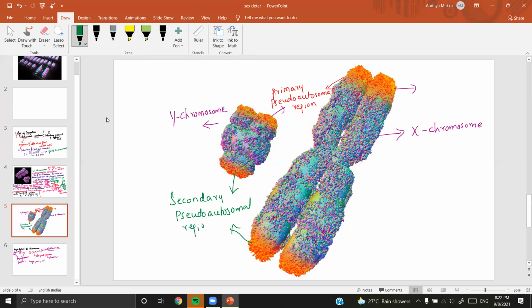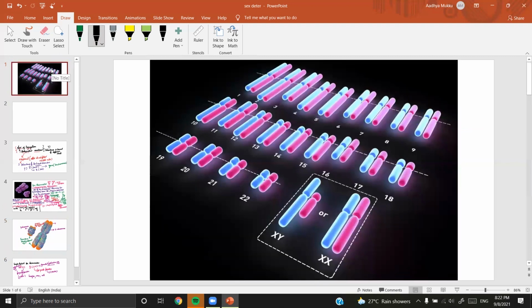Another important thing, children, let me make a note here: both the chromosomes you're finding on the screen, the X and Y chromosomes, are not at all of the same shape, whereas all the other autosomes are of the same sizes and shapes.